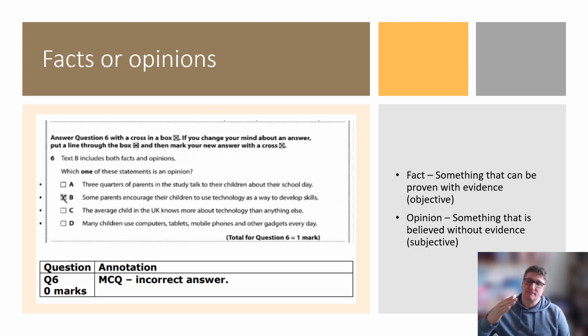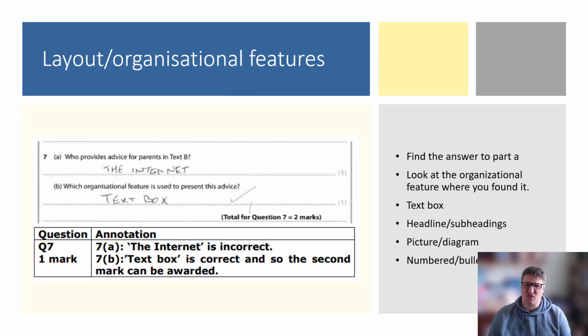Either way, whichever way you choose to do it, make sure that you can justify your answer. Make sure that if you find a sentence, you know why you have chosen that to be a fact or opinion.